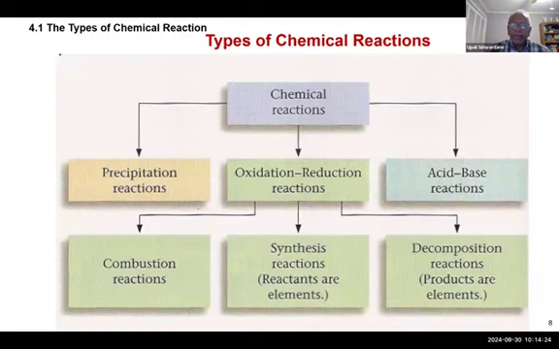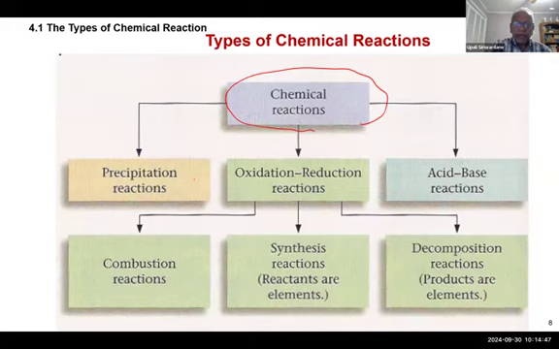Now I am summarizing these in a little more detail. We started with chemical reactions, classified based on the basic pattern or reactivity pattern. Precipitation is when a precipitate is formed.